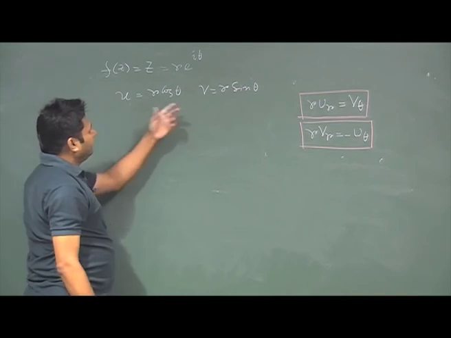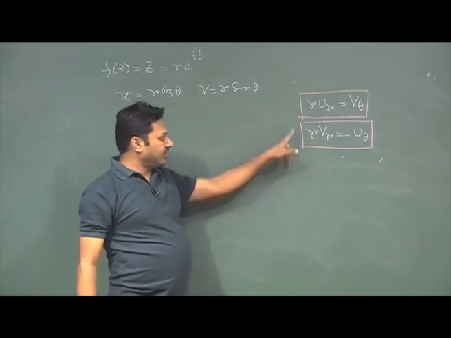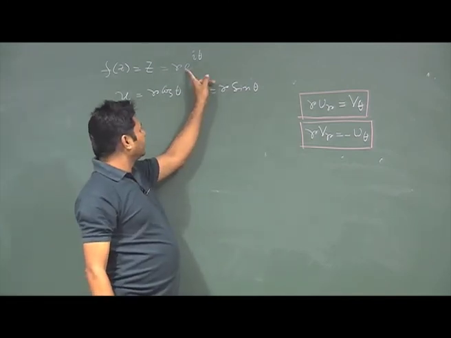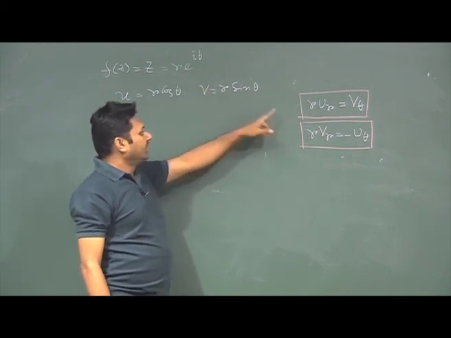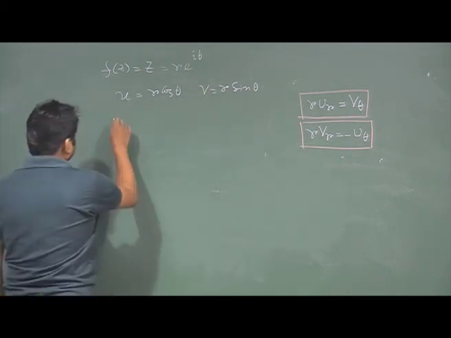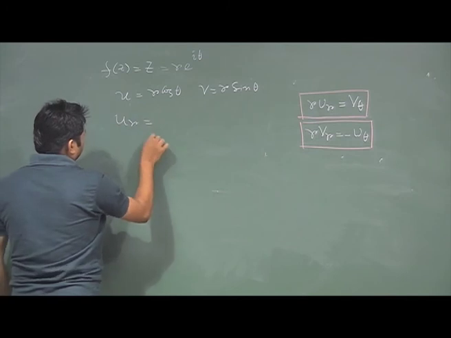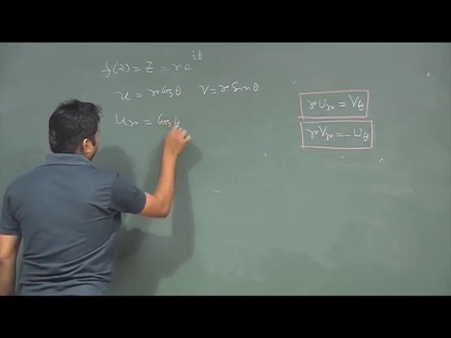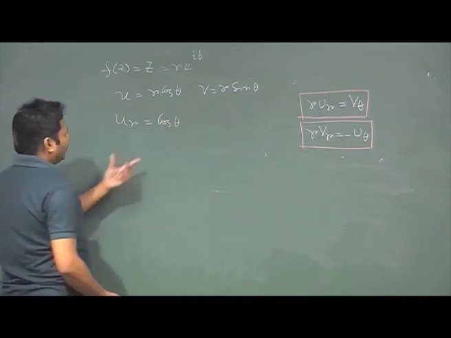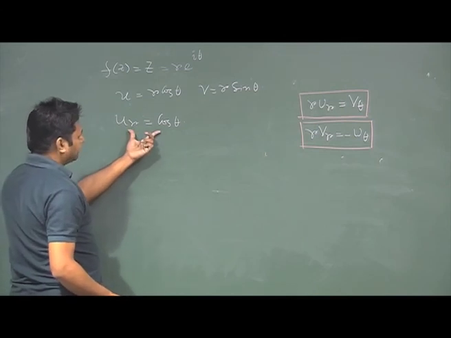Now, if u and v are given, are they satisfying this equation? Because this is an analytic function, it should be satisfying these things. So, let us do that. u r is how much? Cos theta. u r is cos theta.